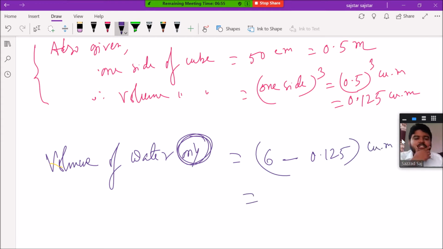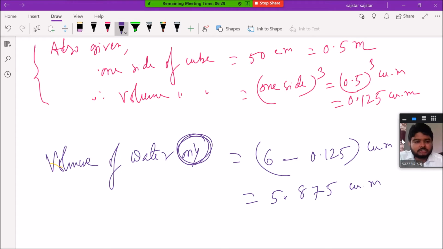Let me calculate. It will be 5.875 cubic meter.